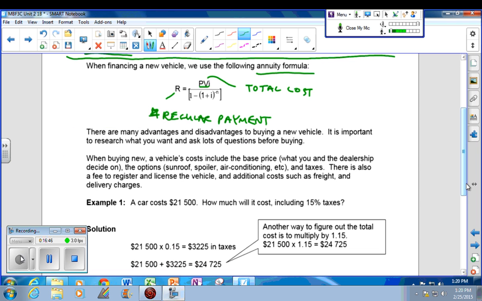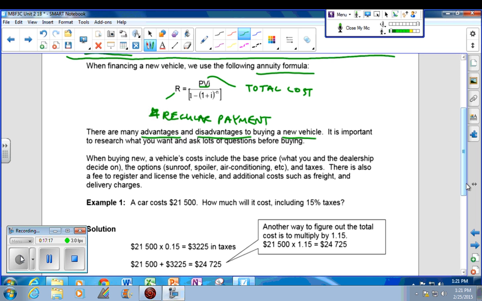Now, there are many advantages and disadvantages to buying a new vehicle. It's important to research what you want and ask lots of questions before buying. Ask someone that's already had that vehicle, preferably someone that's your neighbor or someone you know, right? Because if I have a truck and I drive it around through Lookout, my experience with it might be different than someone who drives your truck up and down the ice road, the winter road.